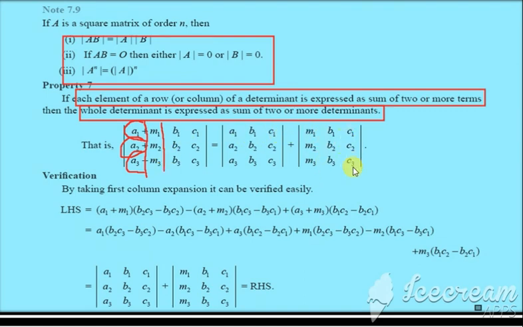So the statement here: a determinant with sum of two terms is expressed as the sum of two determinants. That is the statement of property number 7.